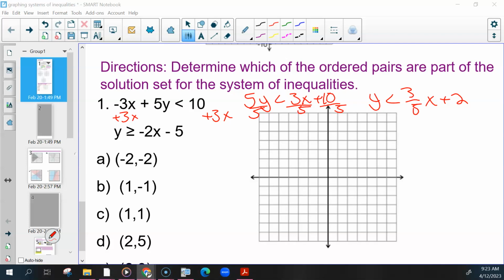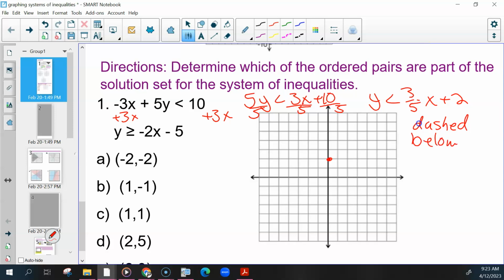Is that one going to be dashed or solid? Dashed. Shaded above or below? It is less than. Is that above the line or below the line? Below.